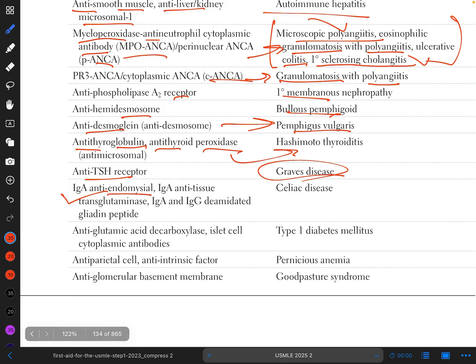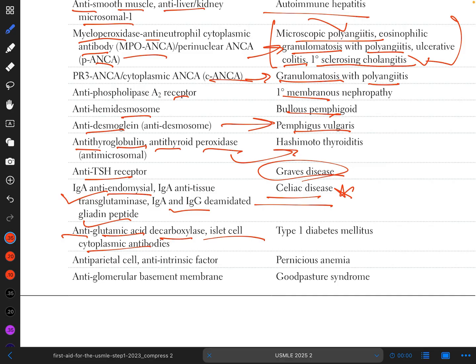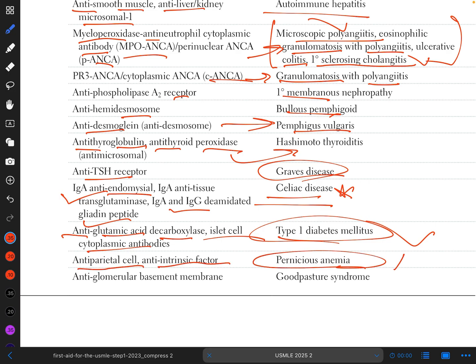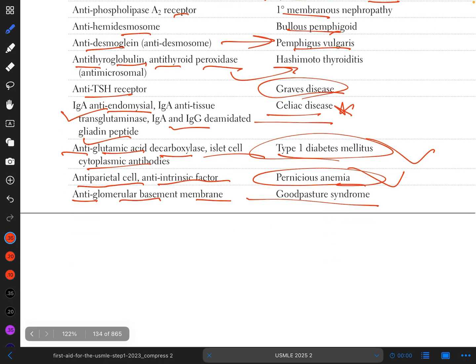IgA anti-endomysial, IgA anti-tissue transglutaminase, or IgA or IgG deamidated gliadin peptides cause celiac disease. Anti-glutamic acid decarboxylase and islet cell cytoplasmic antibodies are type 1 diabetes mellitus. Anti-parietal cells and anti-intrinsic factor cause pernicious anemia, and anti-glomerular basement membrane causes Goodpasture syndrome.